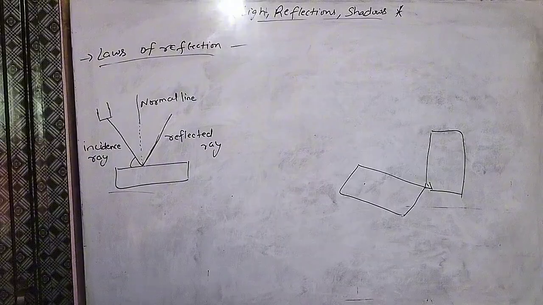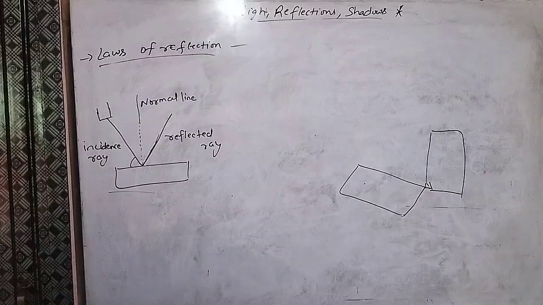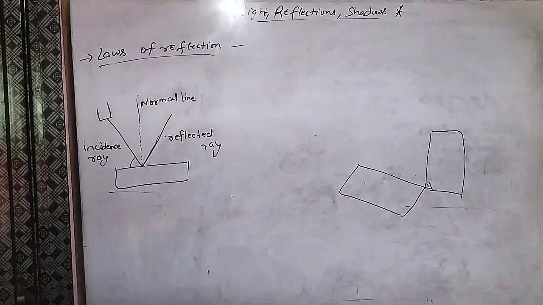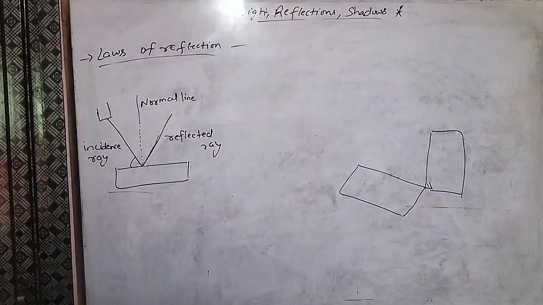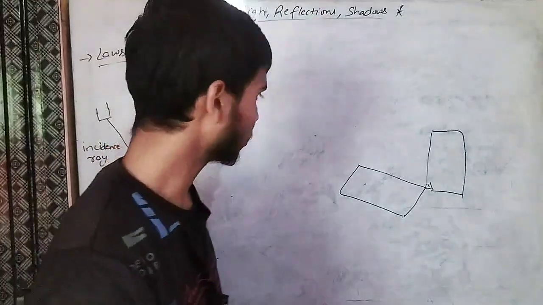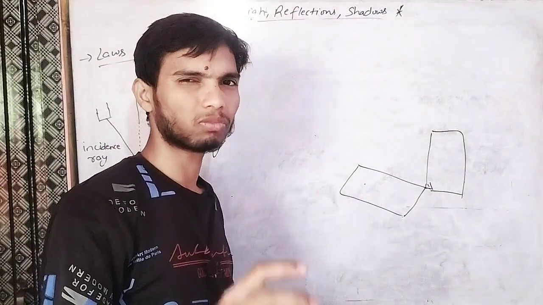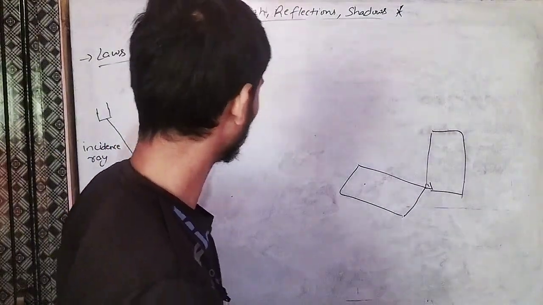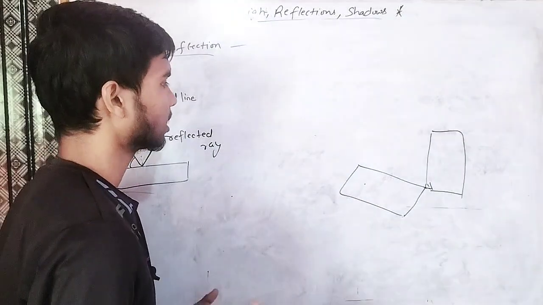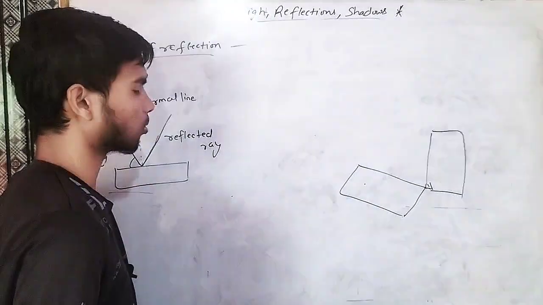When two mirrors are placed at an angle to each other, multiple images are formed due to repeated reflection. I knew the formula for this, but I forgot that formula.